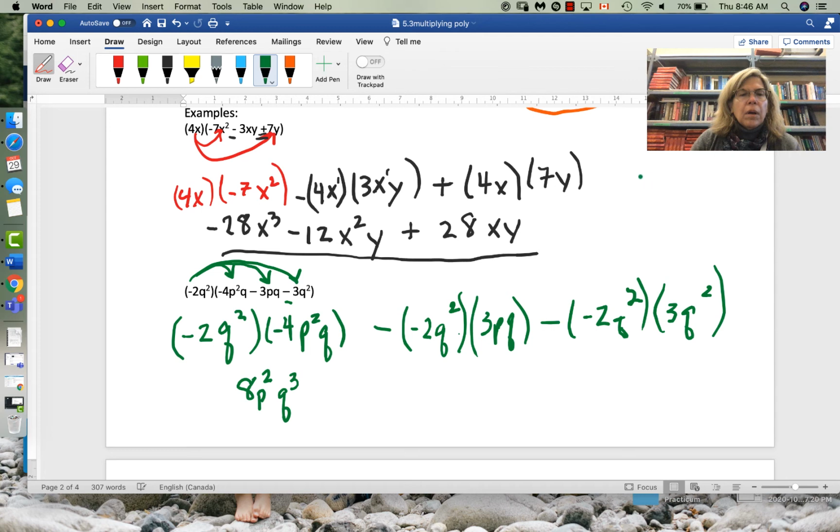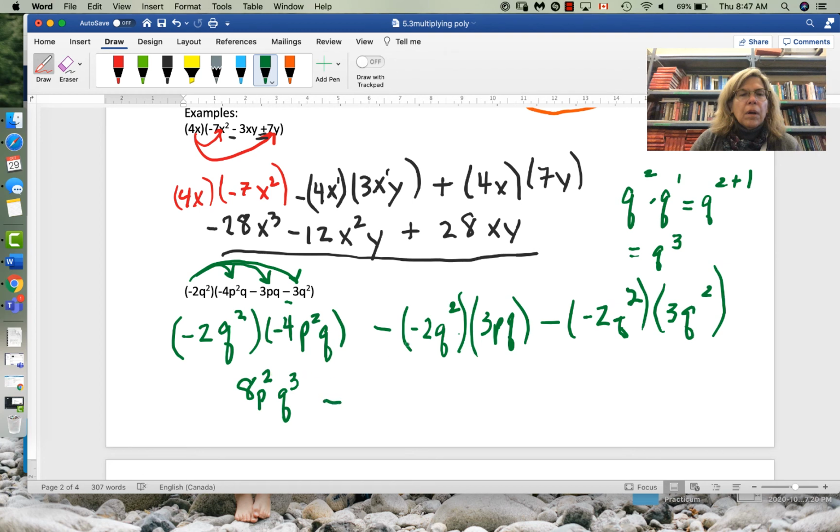Do you understand how q squared times q, well, you can assume a 1 there, so that equals q to the 2 plus 1, and that equals 3. So that equals q to the 3. So that's how I get q squared times q is q to the third.